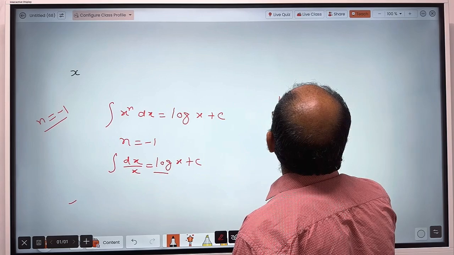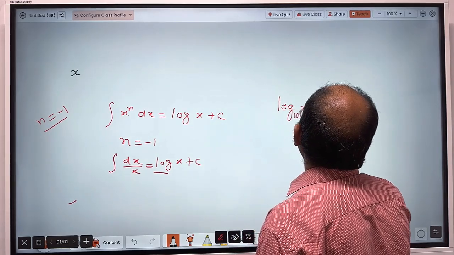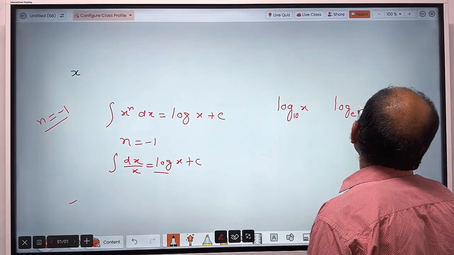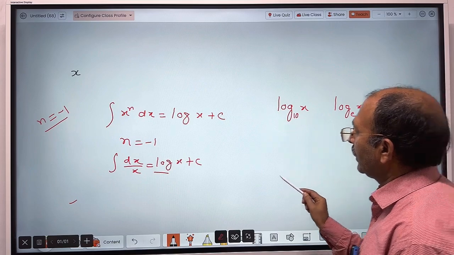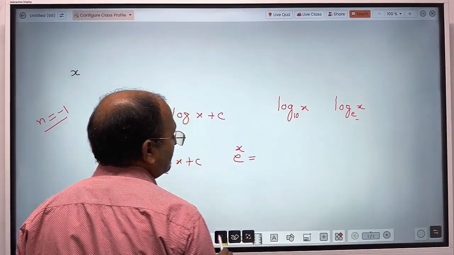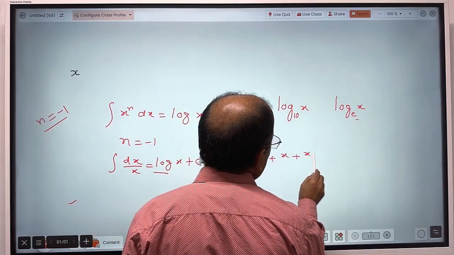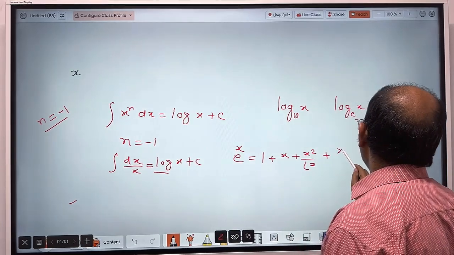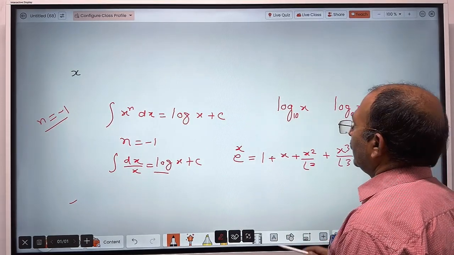Let's see, there are two types of log: log base 10 of x and log base e of x. Here e is the exponential term. e power x is expanded as 1 plus x plus x square upon factorial 2 plus x cube upon factorial 3 and so on.